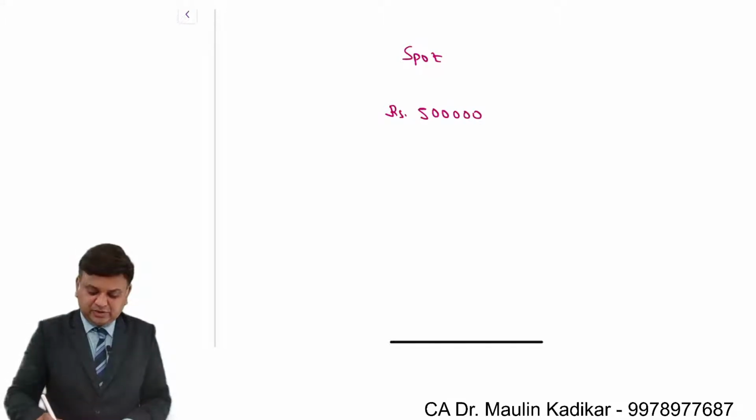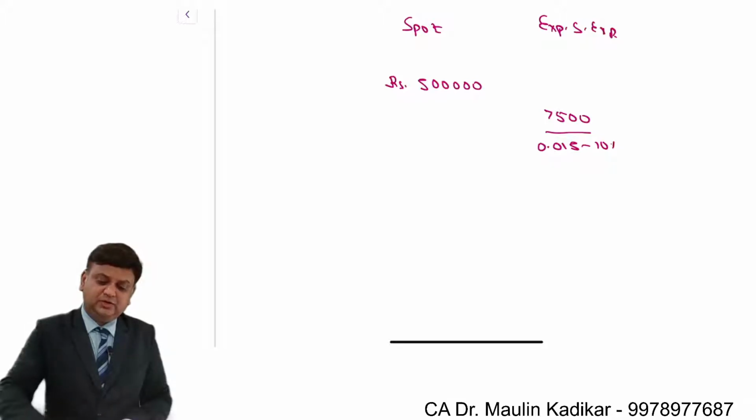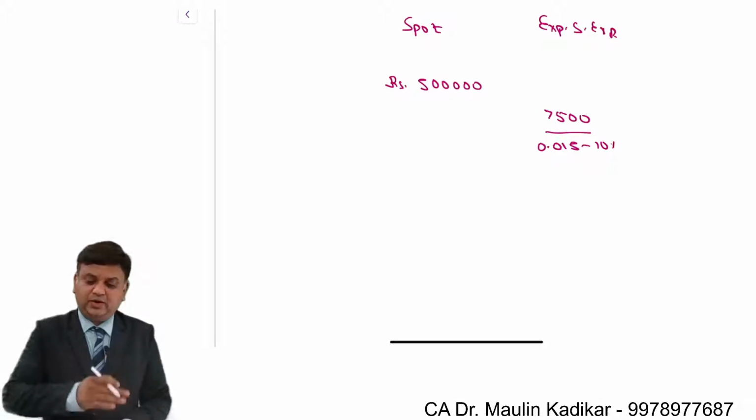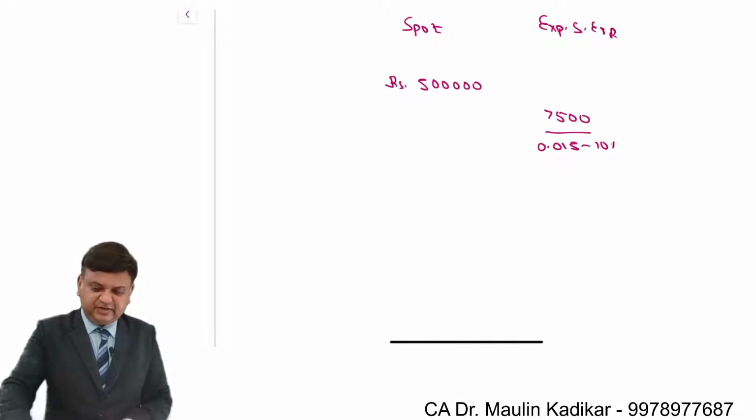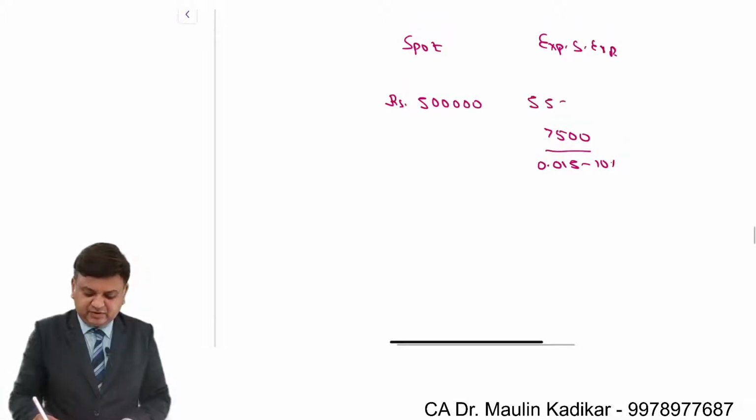Amount of the payment using the expected spot exchange rate is 7,500 divided by 0.015 minus 10%. So 0.015 minus 10% is 0.0135. 7,500 divided by 0.0135 comes to 5,55,556.